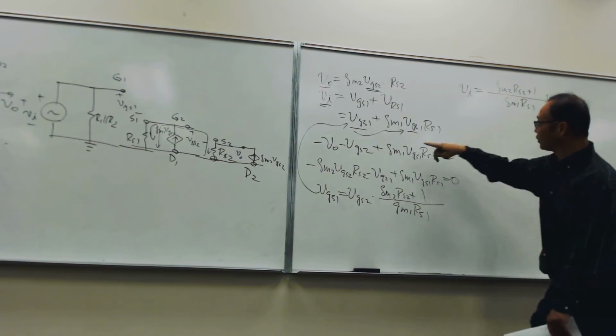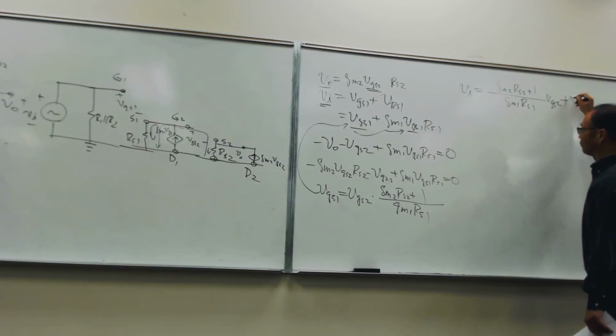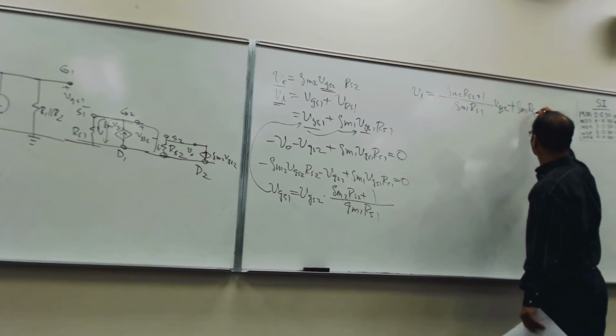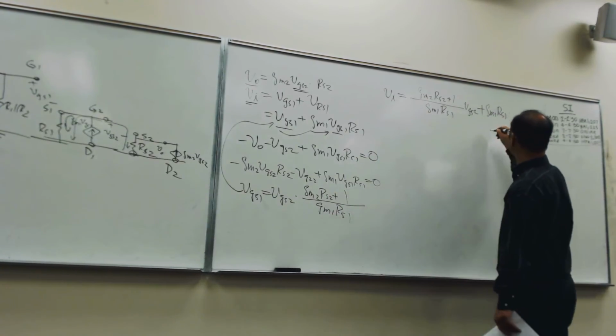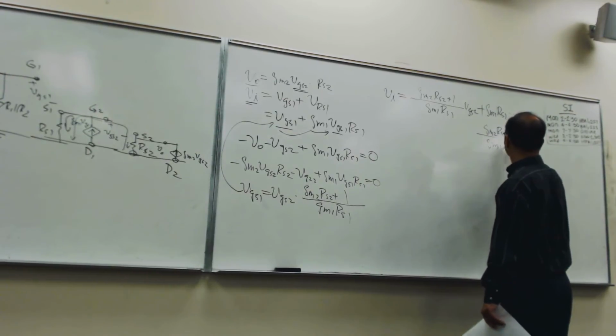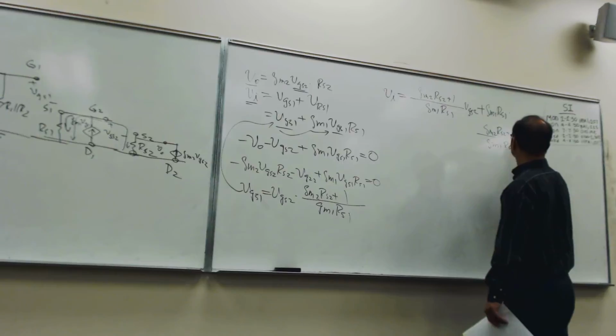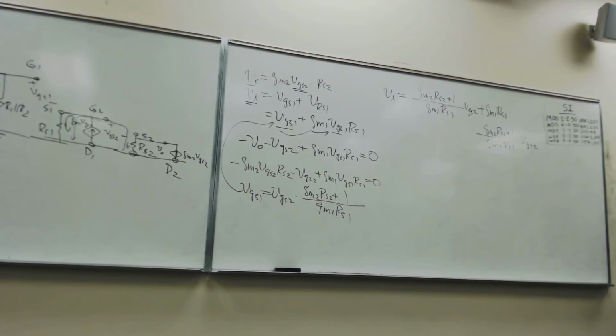Okay, so that is the first term. Plus the second term times VGS1, the same. Okay, so that's the expression for V sub I.